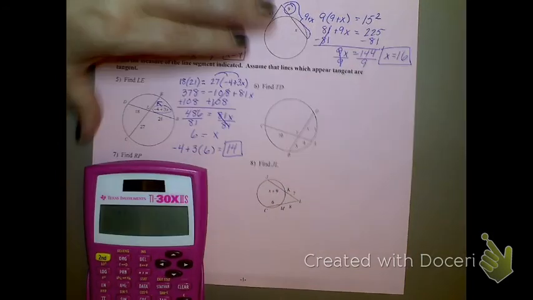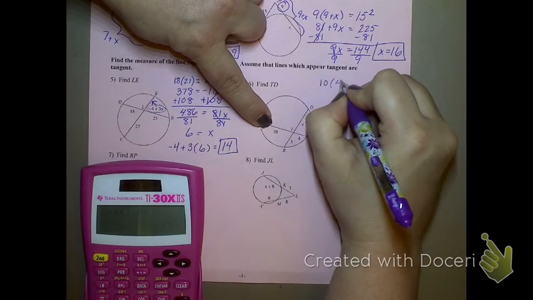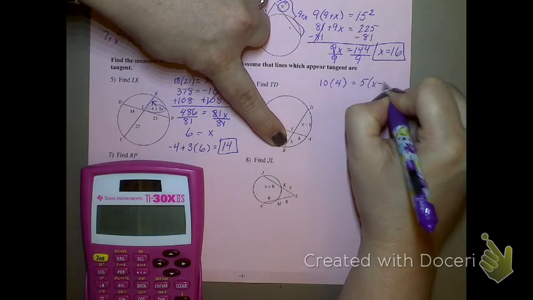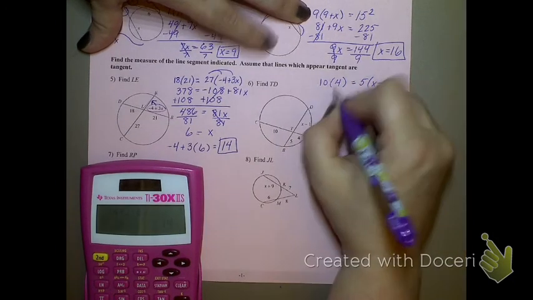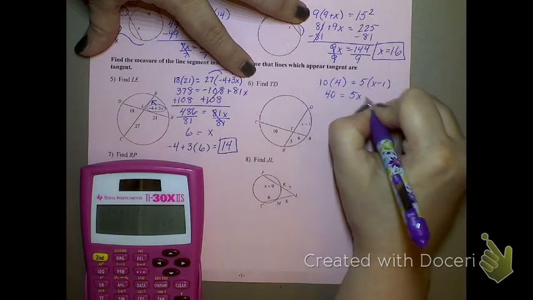TD is the same process. 10 times 4 is equal to 5 times x minus 1. This one's a little bit easier because the numbers that we're dealing with are easier. So that means 40 equals 5x minus 5.